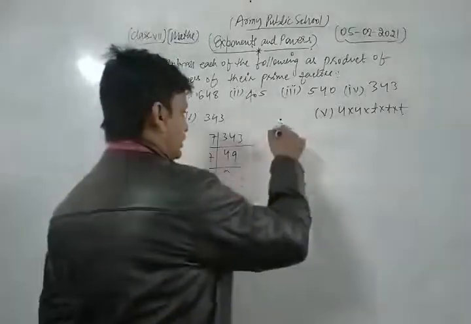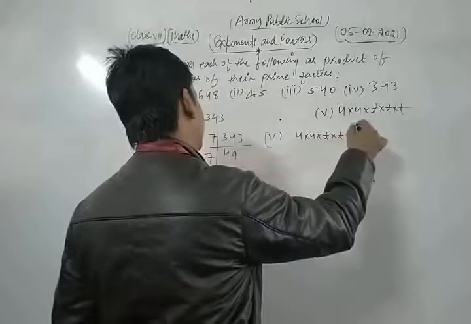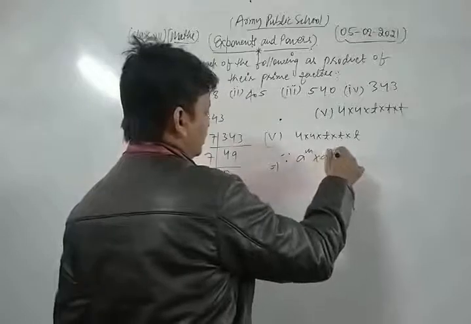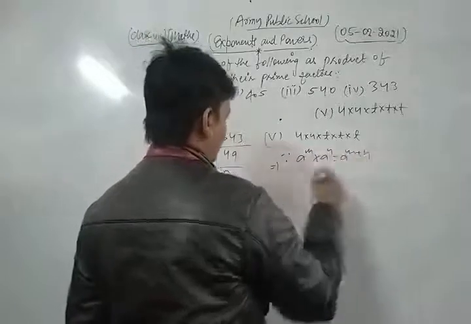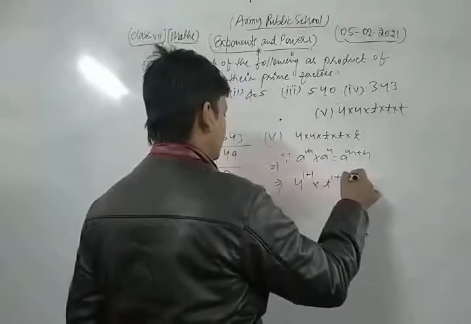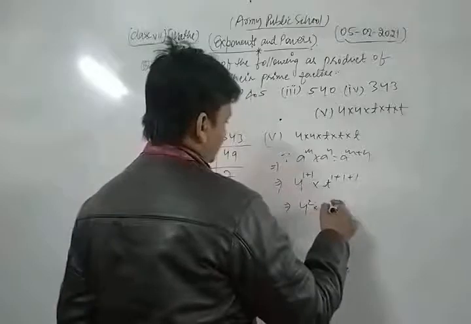Similarly, we take and solve the last part of this question. This is 4 into 4 into t into t into t. So again, since we apply those laws of exponent, we get 4 power 1 plus 1 into t power 1 plus 1 plus 1. That is, we get 4 power 2 into t power 3.